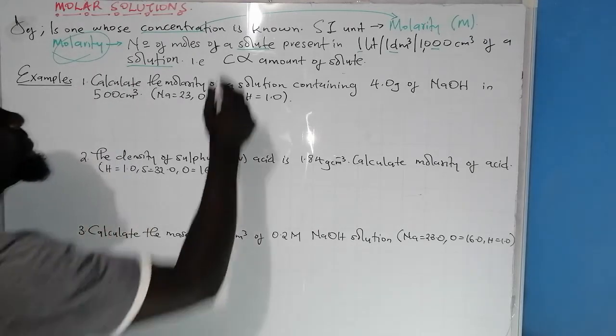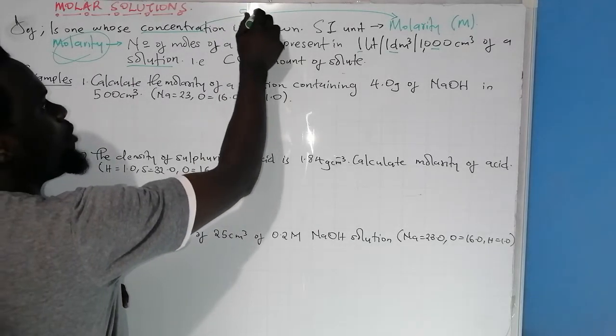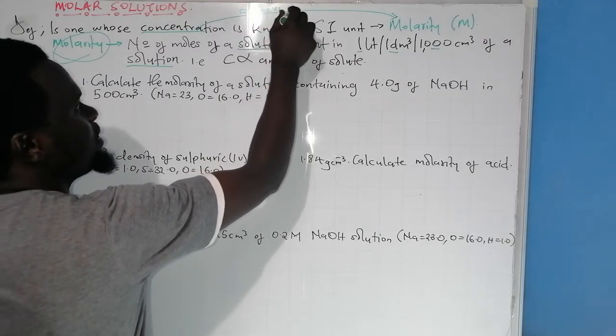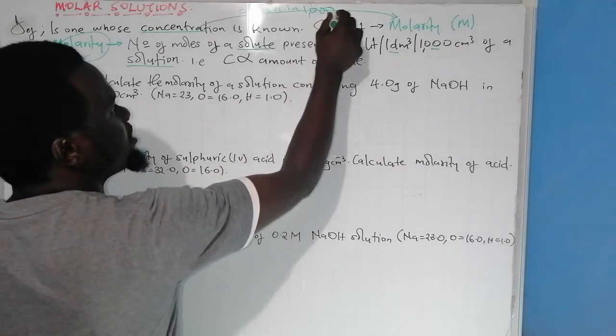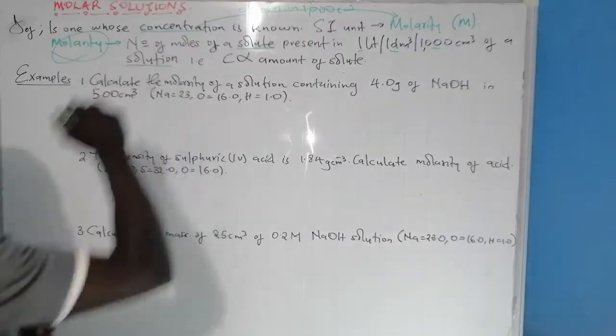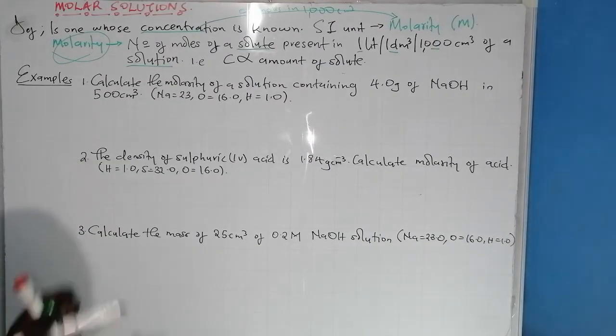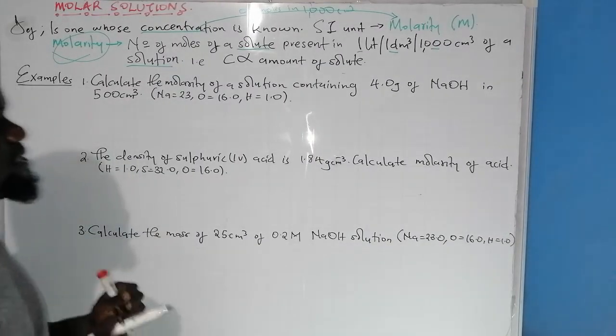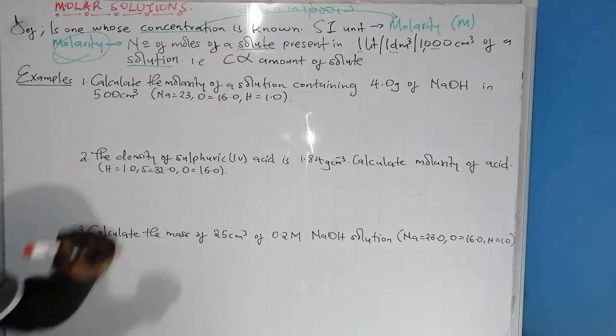So if I have, let's say, 0.1 moles in 1,000 cubic centimeter of water, that one is referred to as the molarity of that solution. Say if it was sodium hydroxide.